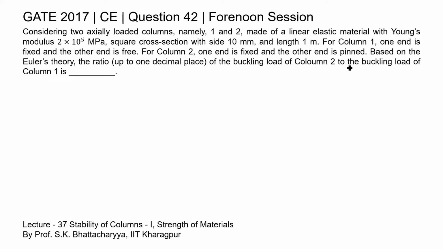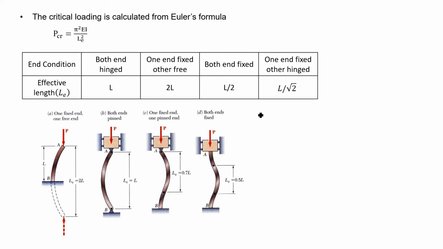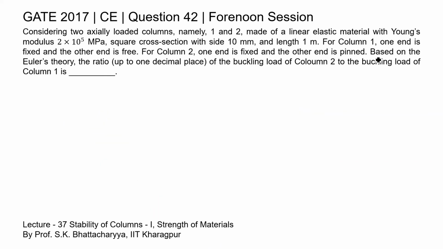Now, in this question, we need to find the ratio for column 2 to column 1. So, for column 1, the end condition is one end is fixed and other end is free.